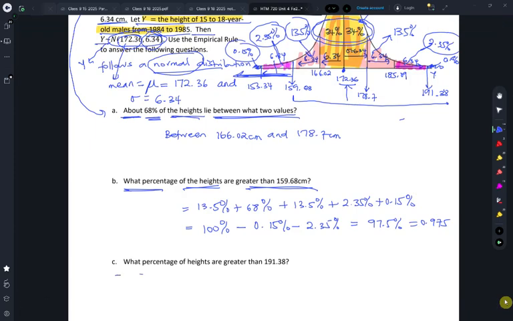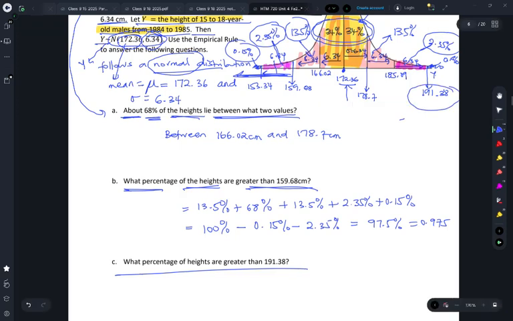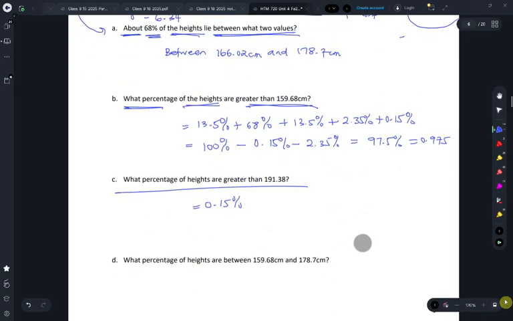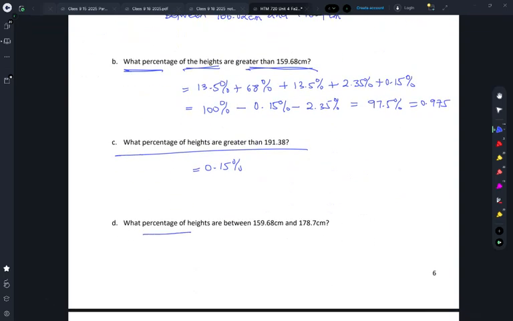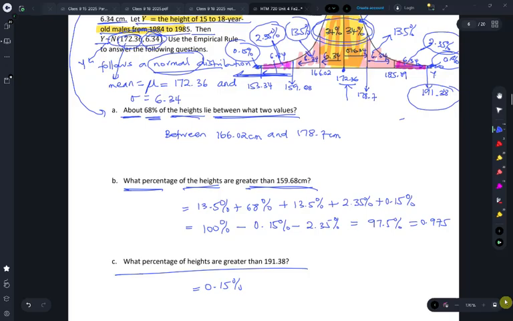Again, for question C, what percent of heights are greater than 191.38? So this is where 191.38 is, and the only percentage above it is 0.15 percent, based on the approximations. Then finally, what percentage of heights are between 159.68 centimeters and 178.7 centimeters?